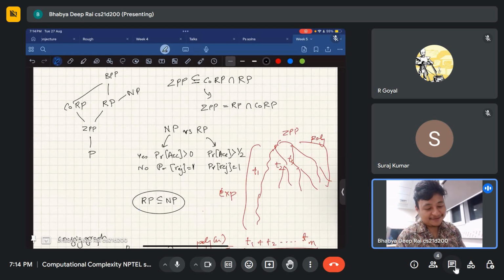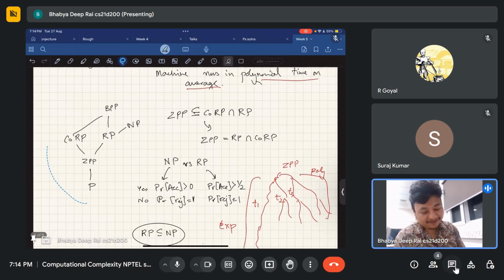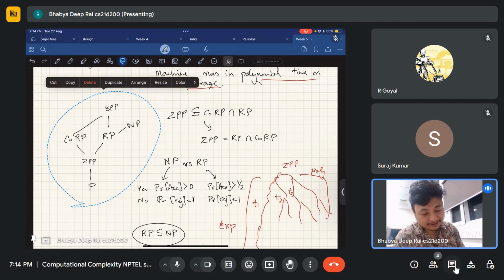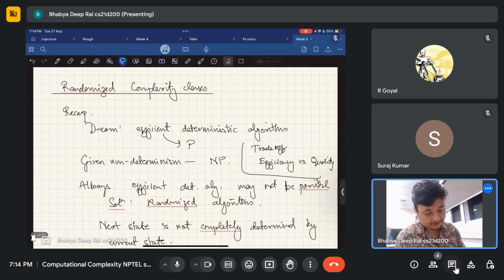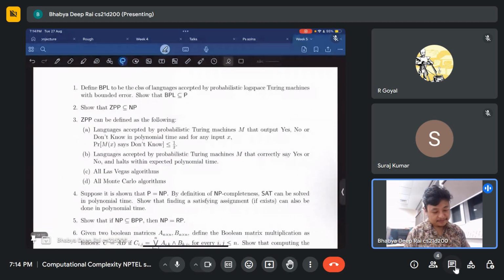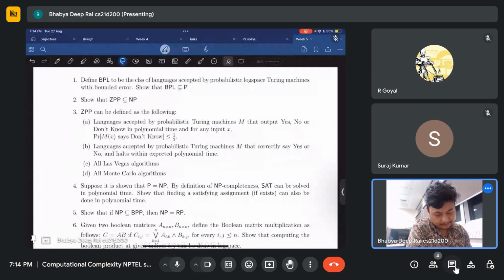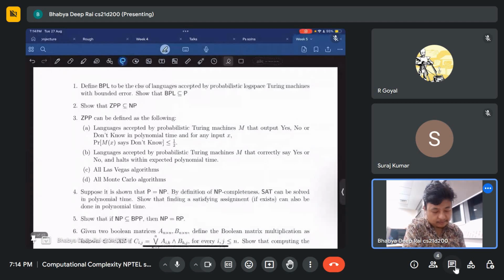Which brings us to the first question that I want to discuss. I'll copy this. It is question 2. Show that ZPP is contained in NP.